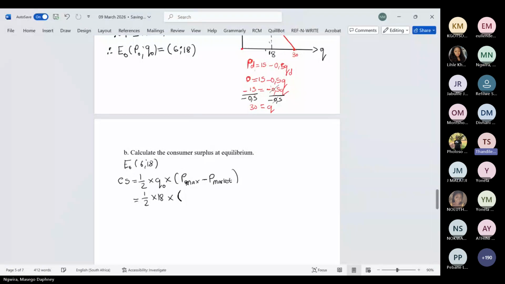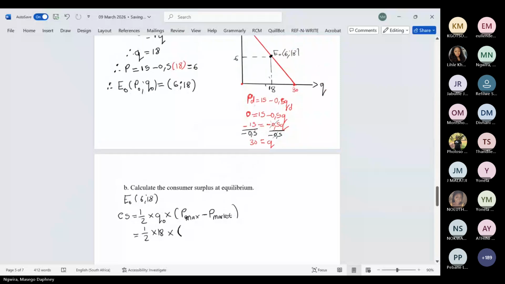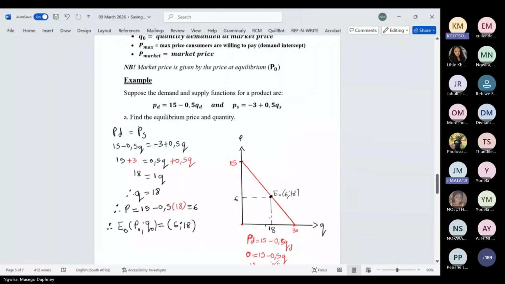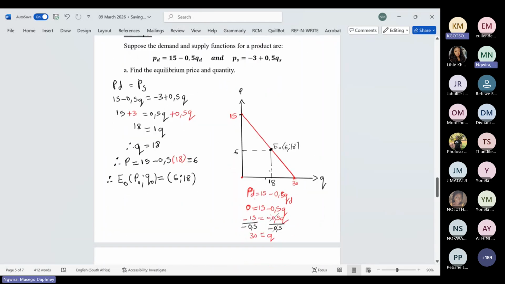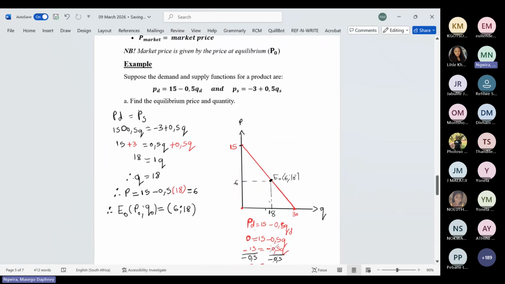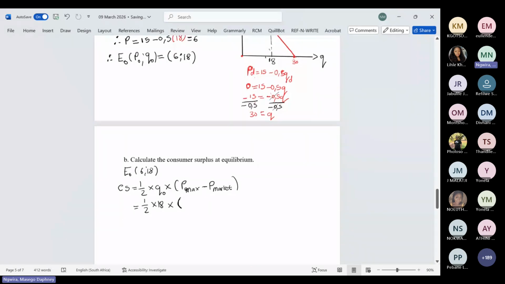And then P maximum, the maximum price that consumers are willing to pay, is how much? It's 15, because it's the demand intercept. And then minus the market price, we got 6.